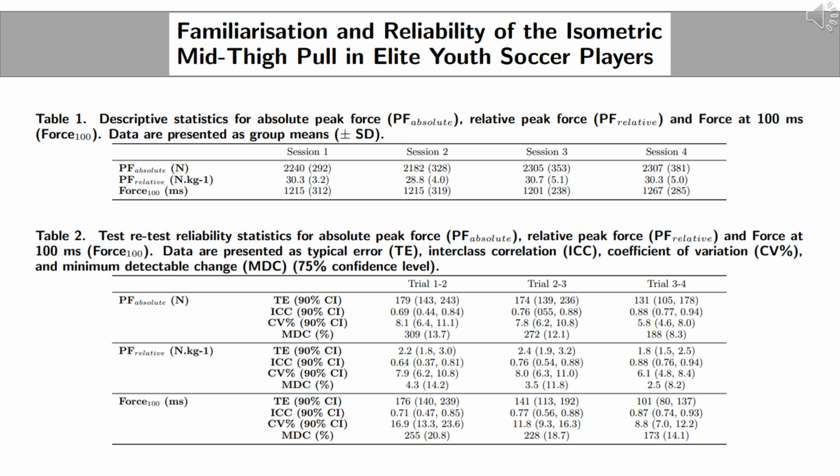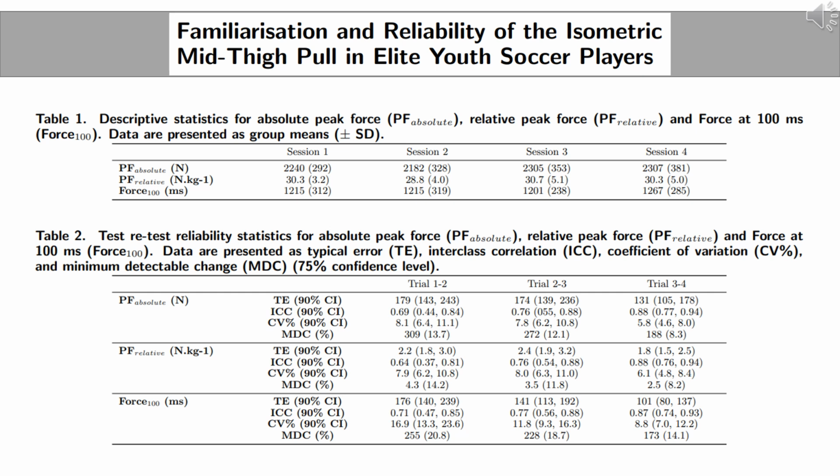That's also represented by the ICC value improving from 0.69 to 0.88. There's a very similar trend in relative peak force, which would be expected because the force value only changes because of a division by body mass. But then it's important to outline that we start to see less consistency, i.e. higher coefficient of variation values for force at 100 milliseconds.